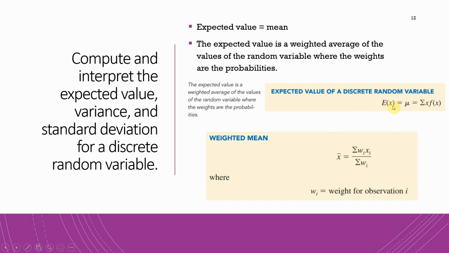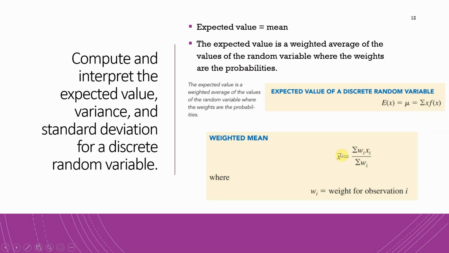The expected value of x, that's how that's read, equals the mean, which is mu, and it's equal to the sum of your values for the random variable x, times the weights. But the weights are equal to the probability. So f of x, that's how that's read, represents the probabilities of the values of x. So really, it's a weighted average.